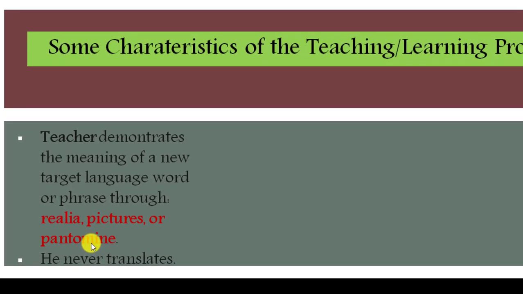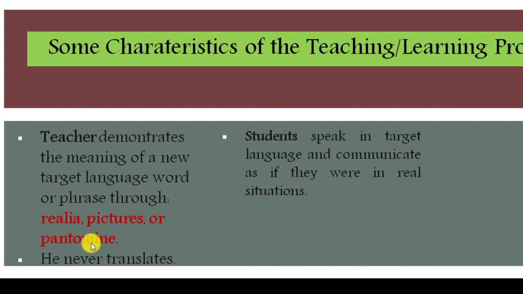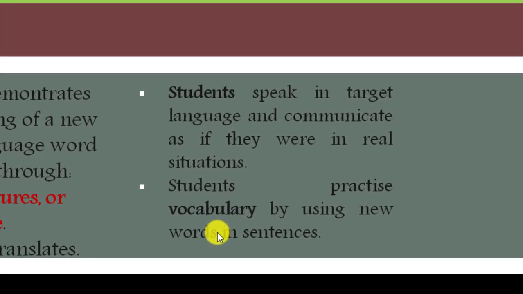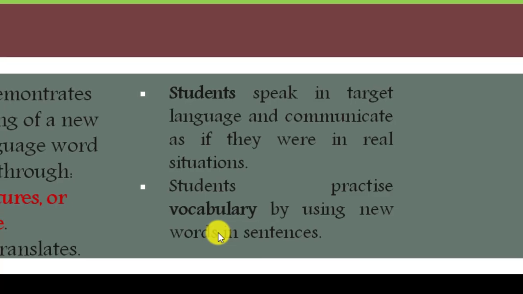The teacher never translates. Students speak in the target language and communicate as if they were in real situations. Another characteristic, students practice vocabulary by using new words in sentences.